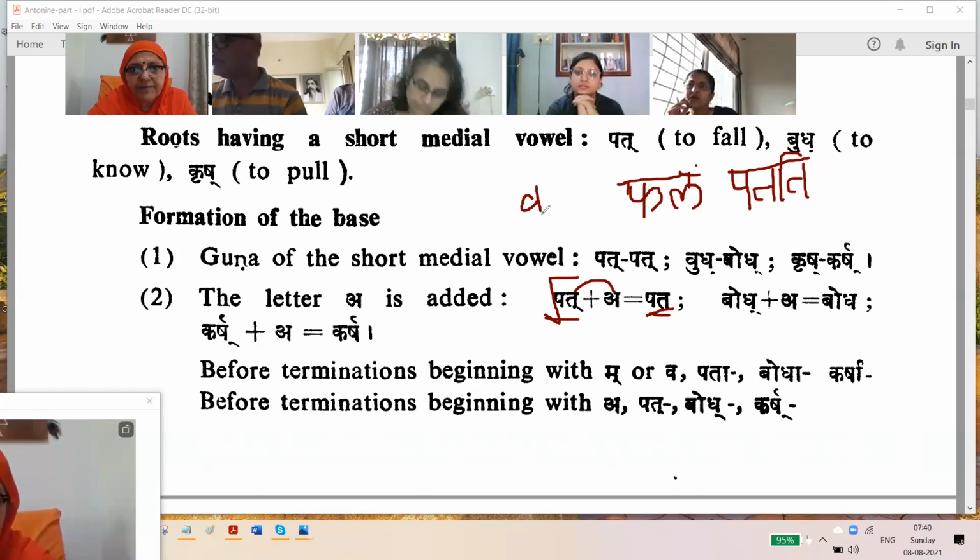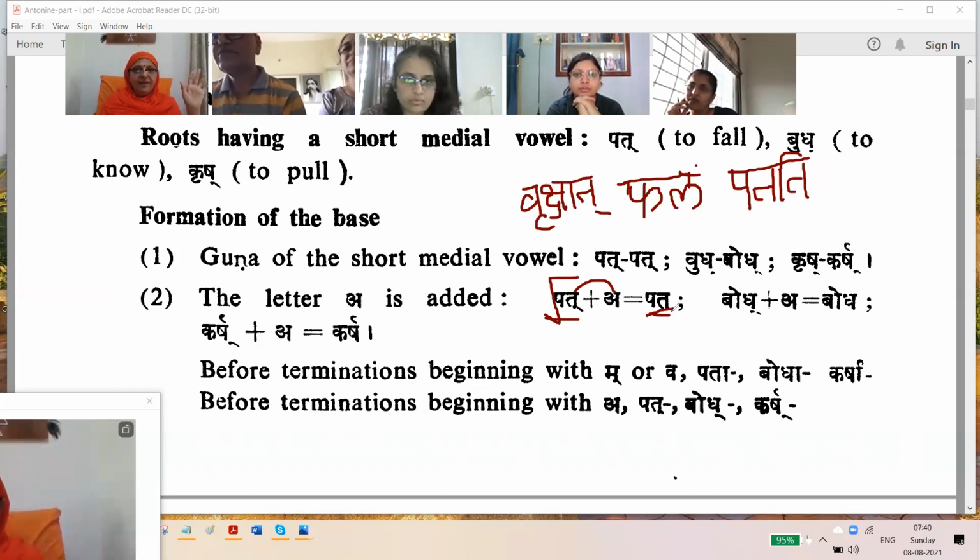One who knows a little bit of Sanskrit, if I say Rukshat, Phalam patati. Phalam patati is the main sentence: a fruit falls. If we say from where? Rukshat, from the tree.